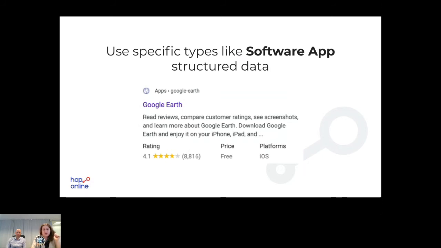This can get you a better understanding from search engines of the content of your website, what your business is about, and so on. And also you can get what we call rich snippets, which means that you can get star ratings, pricing, or some other useful data right into the search result pages.